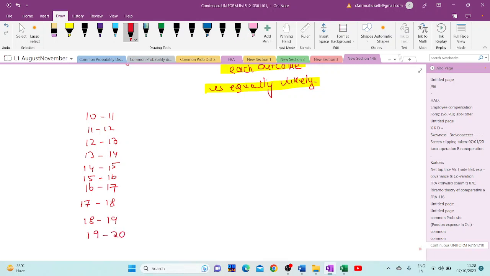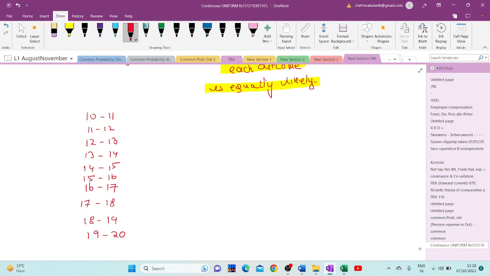So I have 10 intervals between the upper bound and the lower bound, and the width of each interval is 1. So since this distribution is uniform, these equal sized intervals would occur with the same probability.